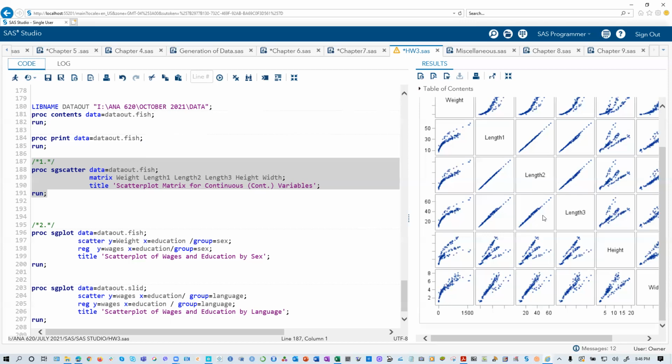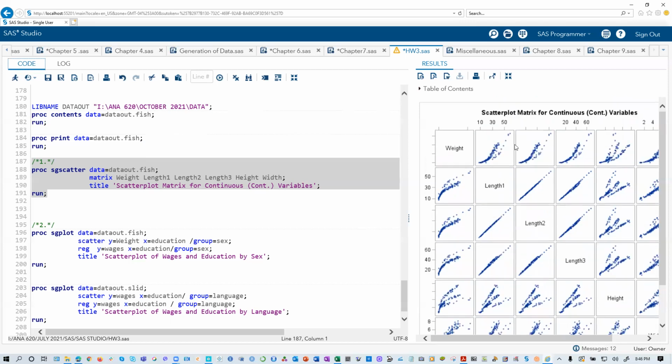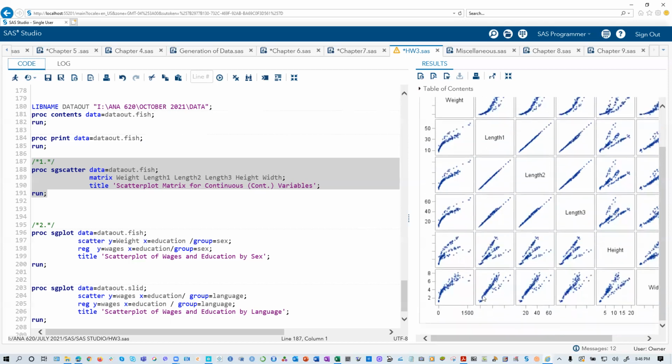Mainly we are looking at how strongly they are related. Like, for instance, length 1 and length 2, if you put this one, see. What we are really looking for is things that are highly correlated. Whatever you observe, you can say what you can say about this scatter plot, or the whole scatter matrix.